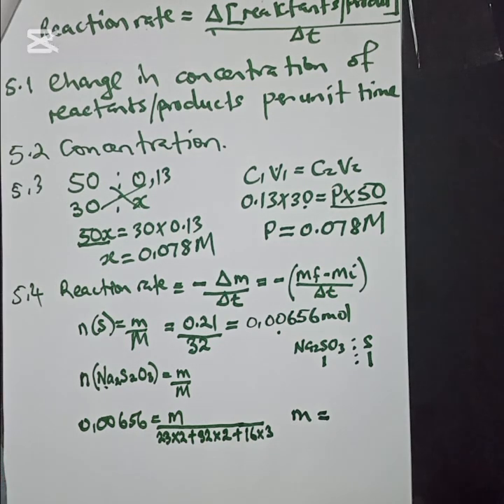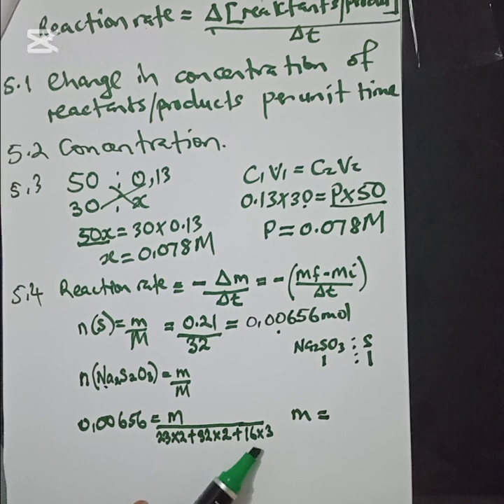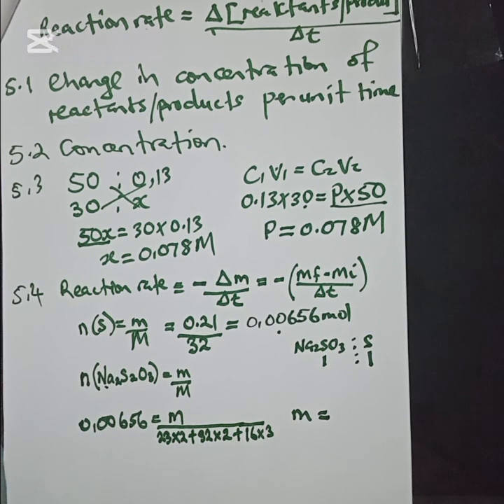I'm going to use my calculator here. 23 times 2 plus 32 times 2 plus 16 times 3. This is giving me 128. So 128 multiplied by 0.00656.